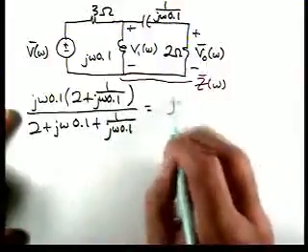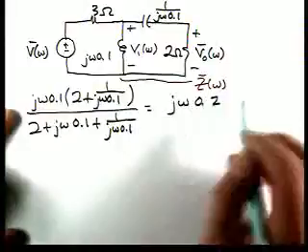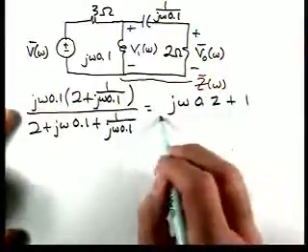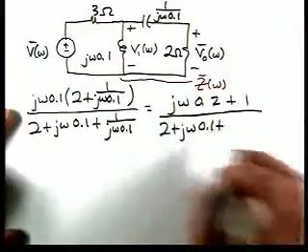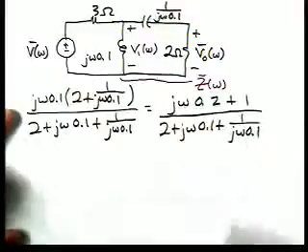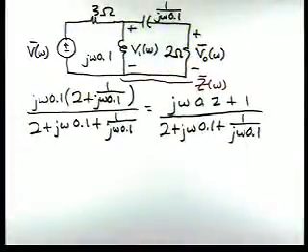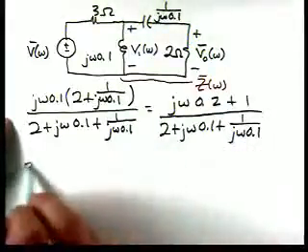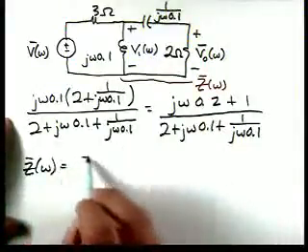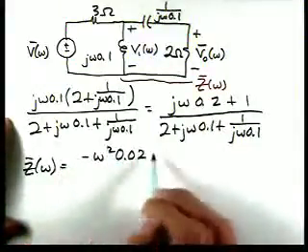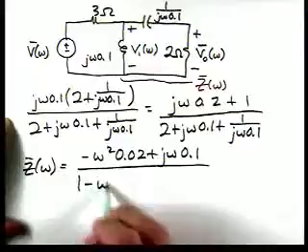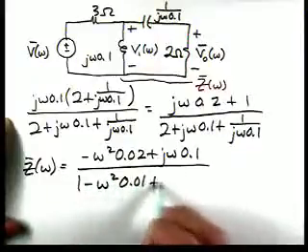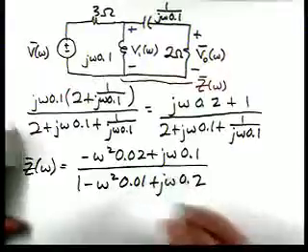And that becomes j omega 0.2 plus 1, over 2 plus j omega 0.1 plus 1 over j omega 0.1. Now, multiplying through by j omega 0.1 in the numerator and denominator, Z of omega becomes minus omega squared times 0.02 plus j omega 0.1 over 1 minus omega squared 0.01 plus j omega 0.2.